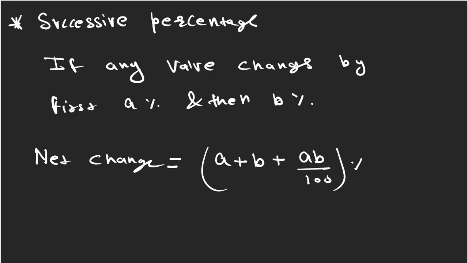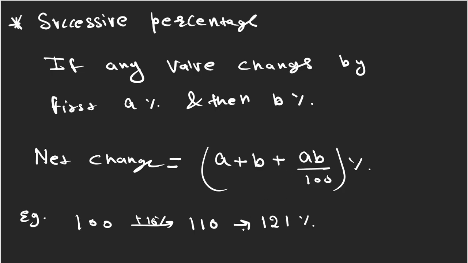Remember this: if any quantity changes by a%, then b%, then the net change will be a plus b plus ab by 100%. So let's take an example. Suppose that we have 100 rupees. It increases by 10%, so now it will become 110. Now it increases by 10% more, so now it will become 121.